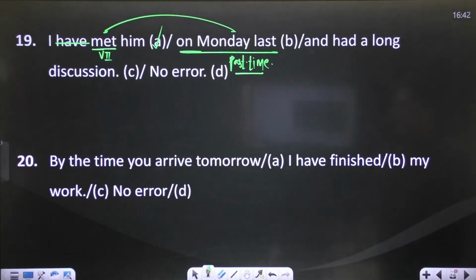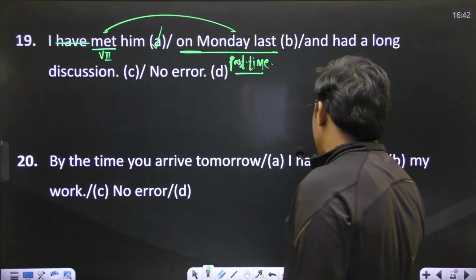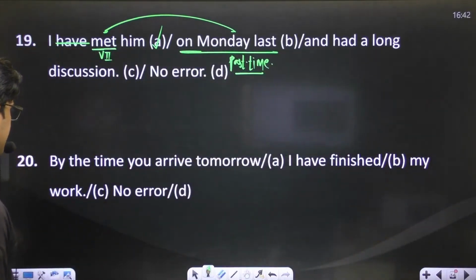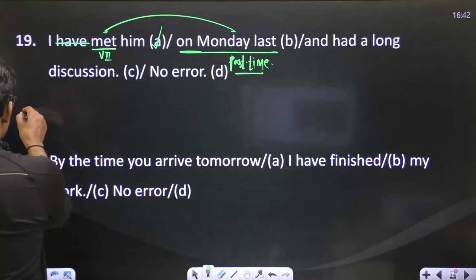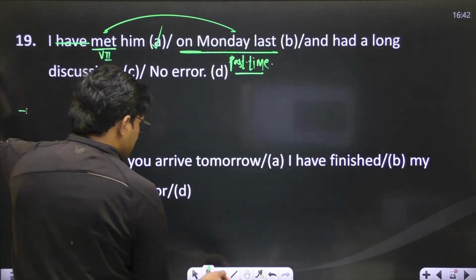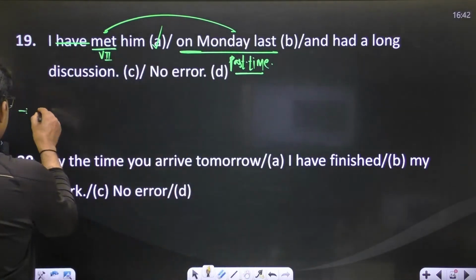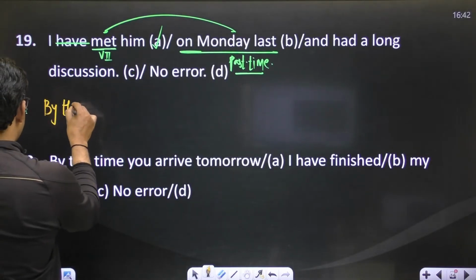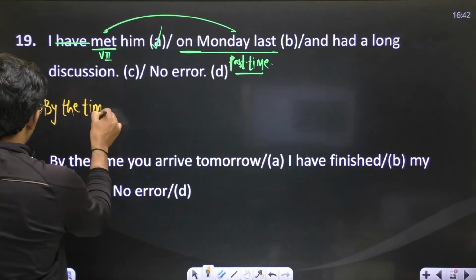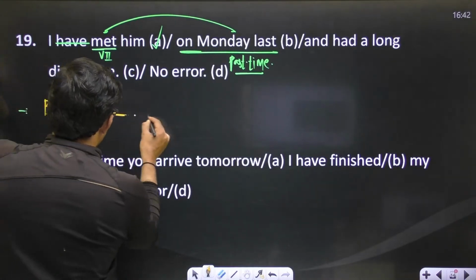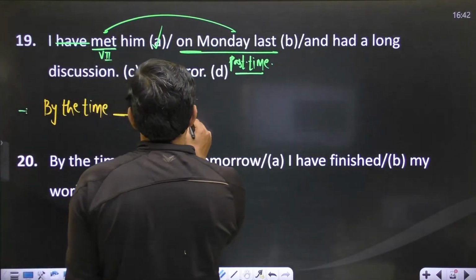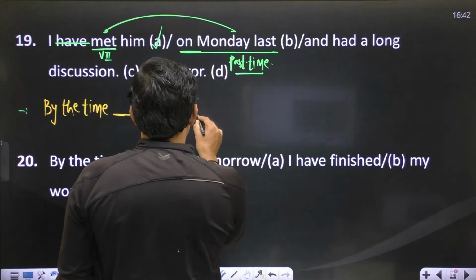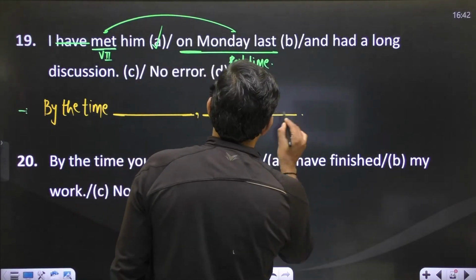Okay, by the time you arrive tomorrow, I have finished work. This is also an important concept. Make sure that whenever you get a phrase like "by the time", after this phrase you have two different clauses. This is the first clause, this is the second clause.